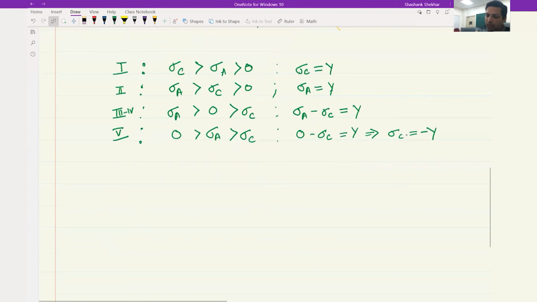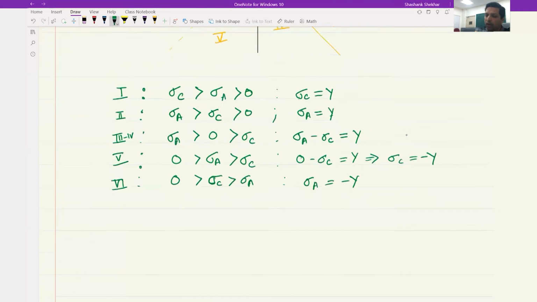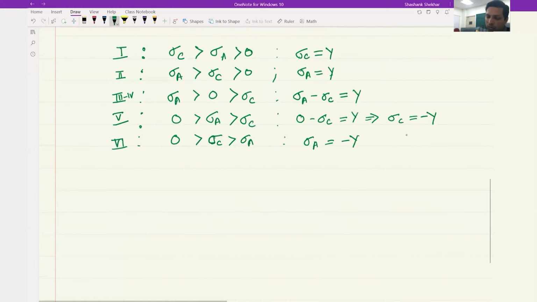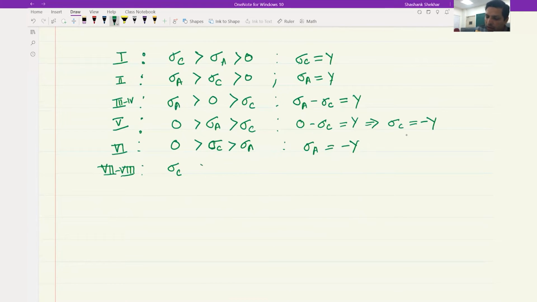Now coming to zone 6. So here sigma c is greater than sigma a, but both of them are less than 0. Therefore, similar to this, here we will get sigma a equal to minus y. And therefore, again, we have a straight line here. This is the profile. Now in zone 8, what we have is sigma c is greater than 0, is greater than sigma a.